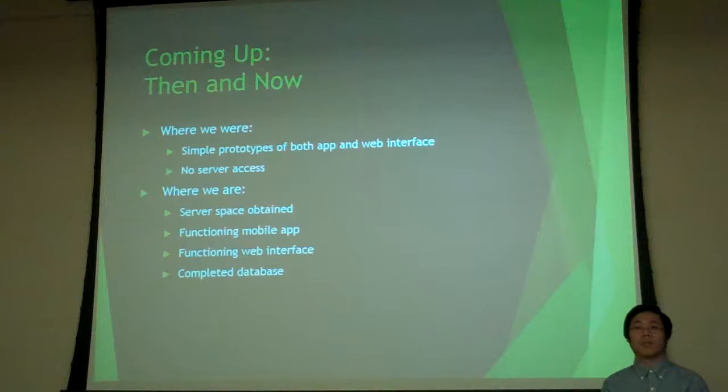And we didn't have a server at that time either. So now the team is going to go over where we are now, which is in a much better place. We have server space, we have our web interface up and running, and we have the Android application as well on its way to being fully functional.